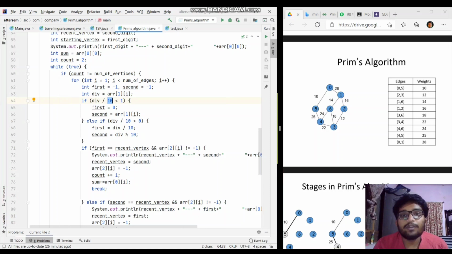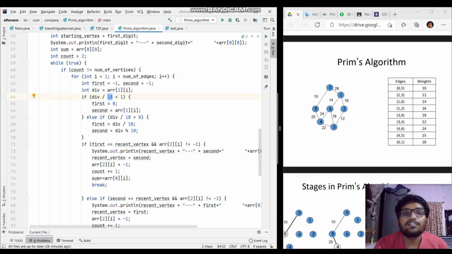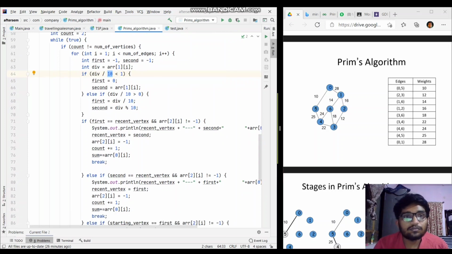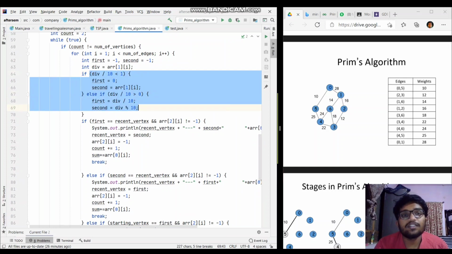So 1 by 10 would be less than 1, obviously, right? For that case, we have the first digit as 0 and the second digit as array of i of 1, that is nothing but 1. For those special situations we have done it like this: if div divided by 10 is less than 1, or else if div divided by 10 is greater than 0, that is for normal vertices, like 1 and 2, 2 and 3, like that. So this is nothing but retrieving the data that we have stored in the second row, right?